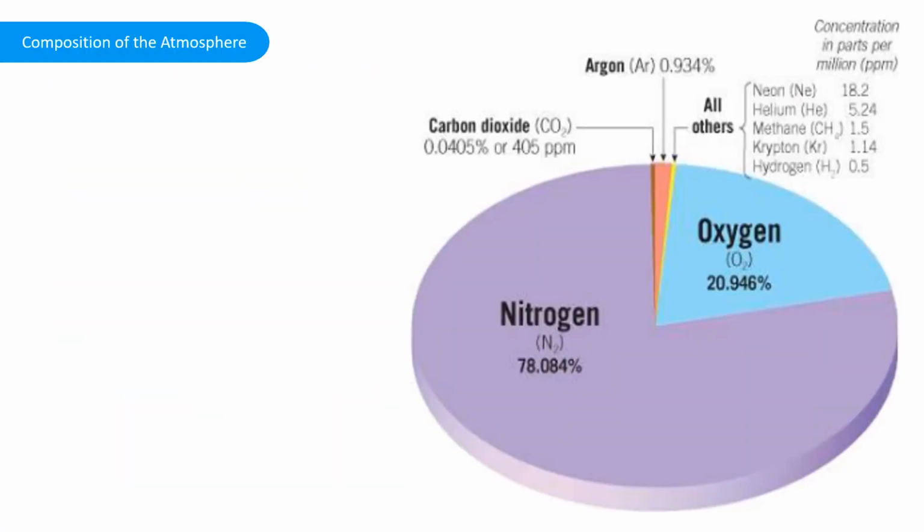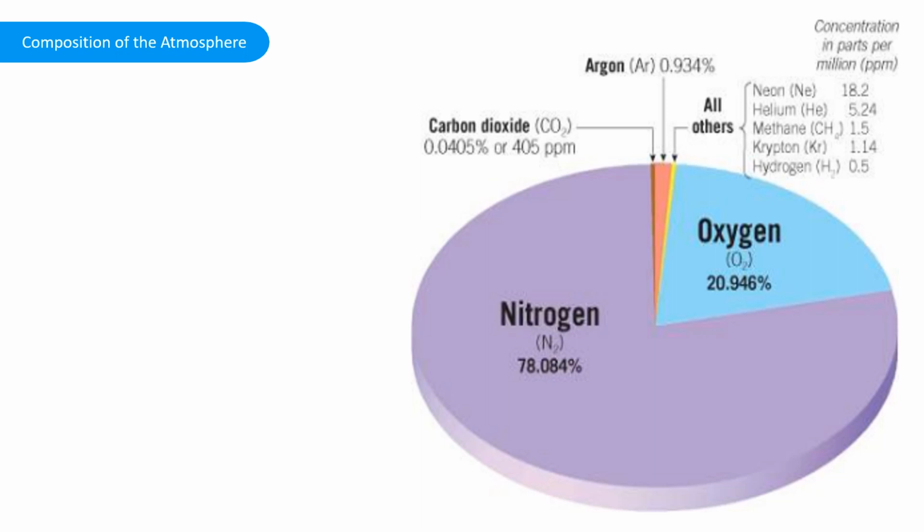And to look at the closer composition of the current atmosphere, the biggest component is nitrogen gas. Nitrogen composes 78% of the total atmosphere. Next to nitrogen is oxygen, which is 21% in total.